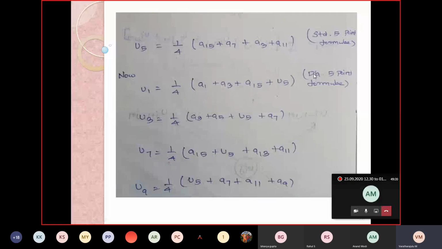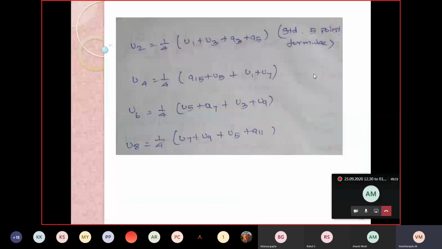And now, see, you are concerned about u2, u4, u6, and u8. These can be calculated with the help of the standard 5-point formula, because the 4 boundaries on the axis are known. Therefore, apply the standard 5-point formula to calculate u2, u4, u6, and u8.